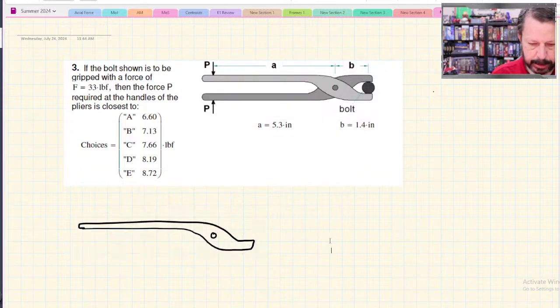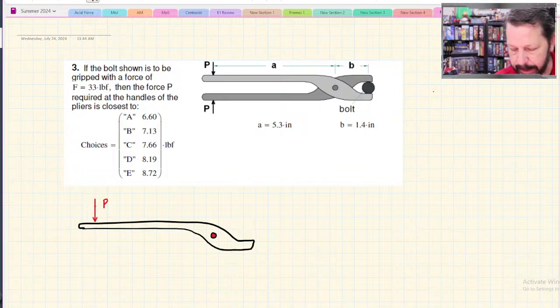And we've got a point load that we don't know the value of. We just know it's named P. And then this pin, it doesn't have a name, but we'll call it pin A. It's going to have two forces because it's a pin, two reaction forces.